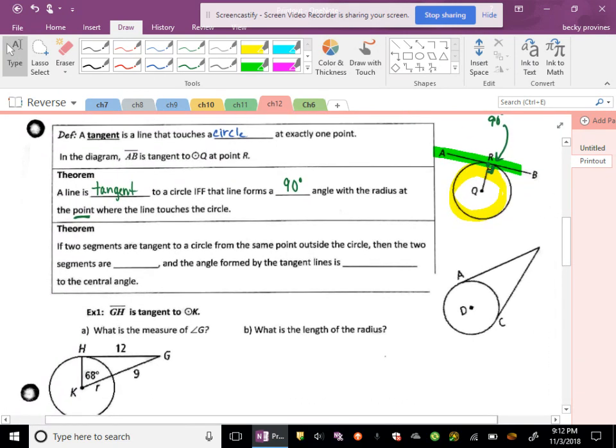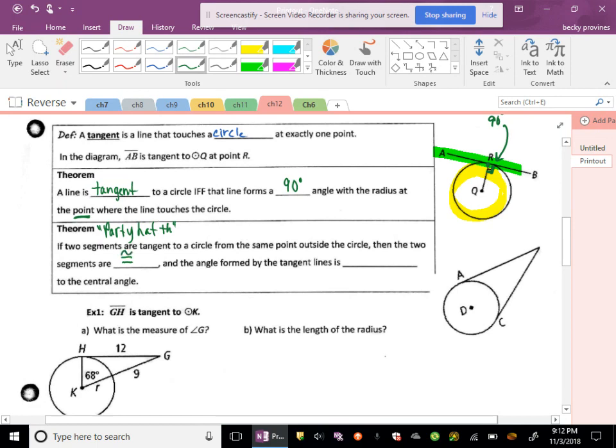Now, this one, I give it a nickname, and I call this one the party hat theorem. All right, I'll show you why. It says if two segments are tangent to a circle from the same point outside the circle, then the two segments are congruent.